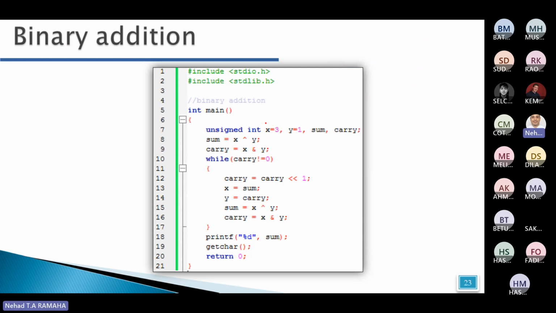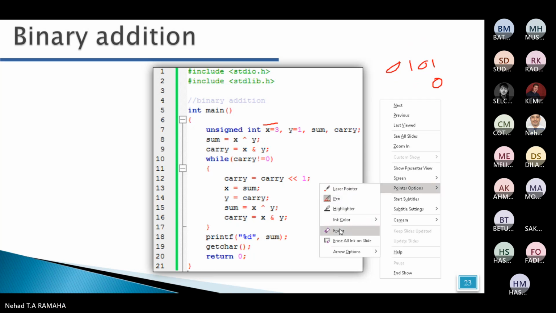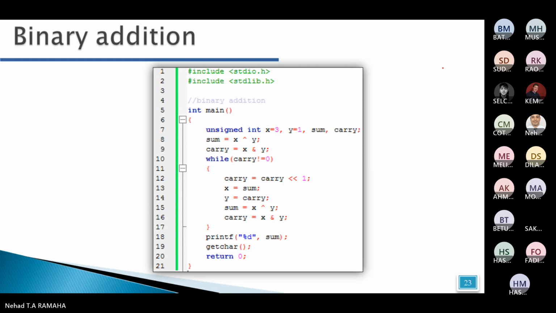When you speak about binary system, it's like this. For example, this is 3, which is 1, 0, 1, 0. And this one, Y, which is 1, 1, 0, 0, 0.